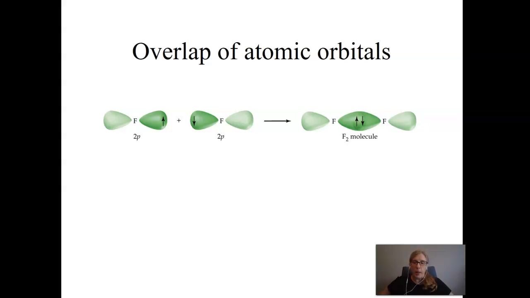And these three propeller-shaped p orbitals are arranged 90 degrees from one another in space. And so we can overlap two of those propeller-shaped orbitals to create the fluorine diatomic molecule, where, again, the most probable place of finding that pair of electrons is in between the nuclei of the two bonded atoms.